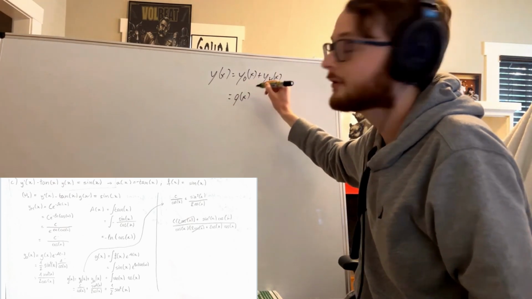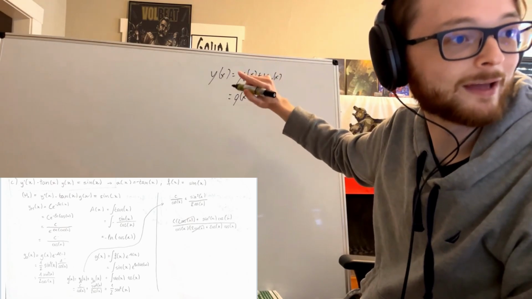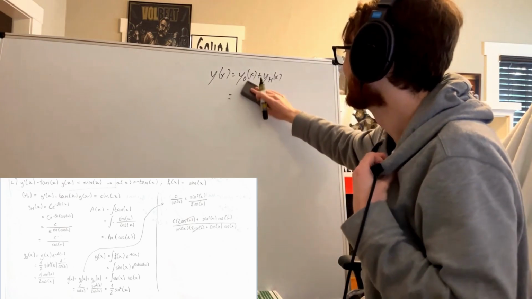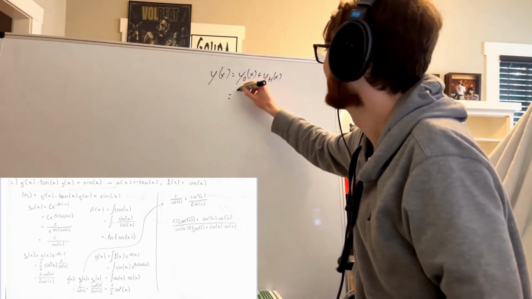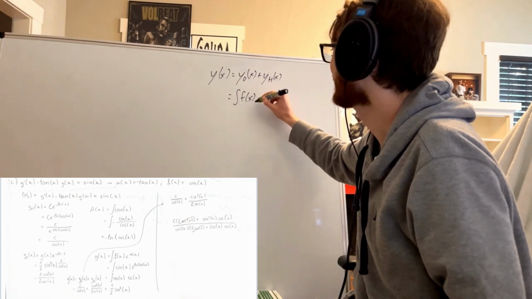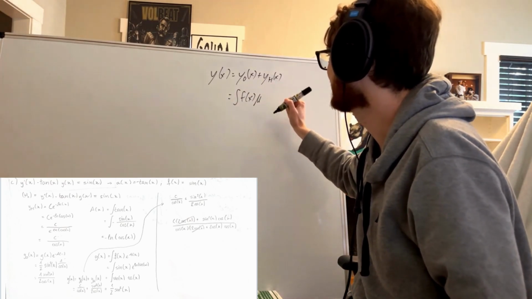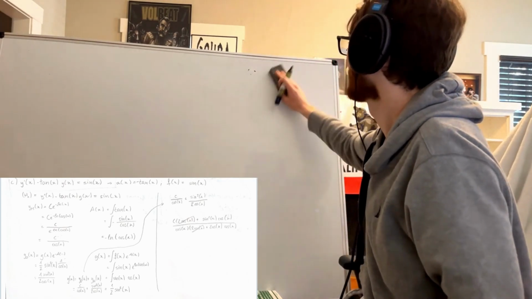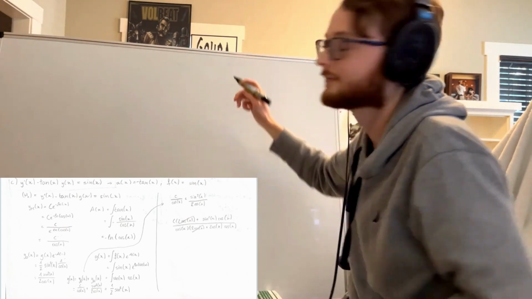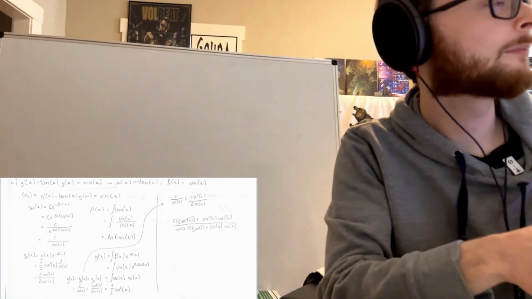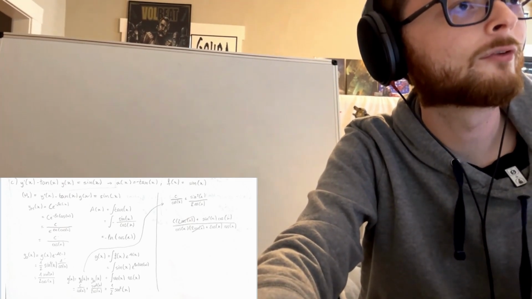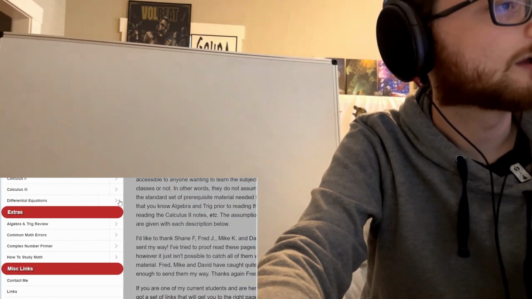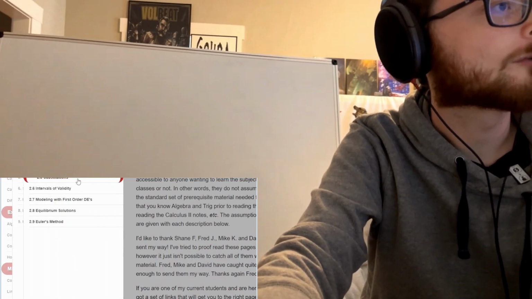So g of x, and g of x is the integral of f of x times, I'm just saying, one second. Okay, where's Paul? I want to use the same things that he does, because that's what I'm used to. I know that my screen capture is a little bit off right now, but this is only going to be for a second.